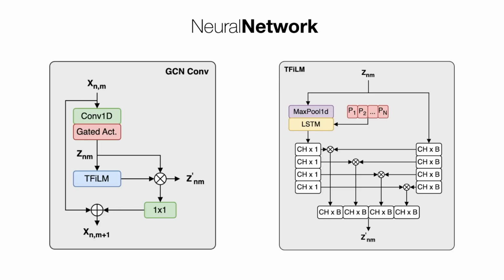The picture on the left shows the detailed implementation of each convolution layer, which, together with the dilated 1D convolution, includes a gated activation. This is where we modify the model and insert the temporal FiLM layer, which receives the output features from the gated activation and generates the modulation factors that are multiplied with the activations themselves.